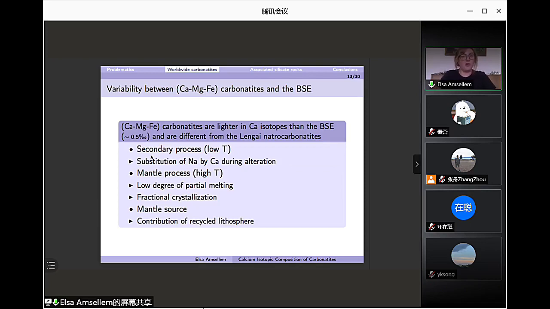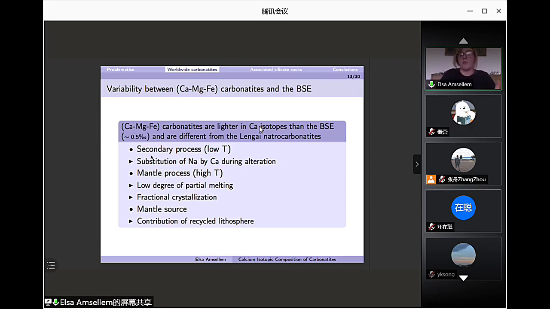Well, to explain the enrichments in the lighter calcium isotopes in igneous rocks, there are different processes. So it's good to evaluate all the processes that can explain this enrichment. And the first process that is easy to think of is maybe it's only due to alteration, post-eruptive alteration.